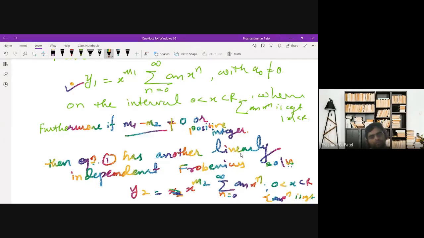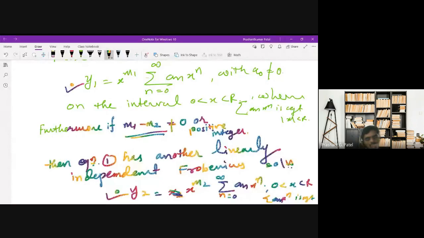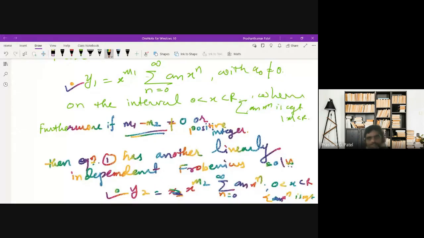And if m1 minus m2 is not a positive integer or 0, then you can have another solution which is this. The more important question one can ask is, what will happen if m1 minus m2 is 0 or a positive integer? Then you have to find another linearly independent solution. One solution is already there, that is this. You have to calculate the other solution in a different manner.